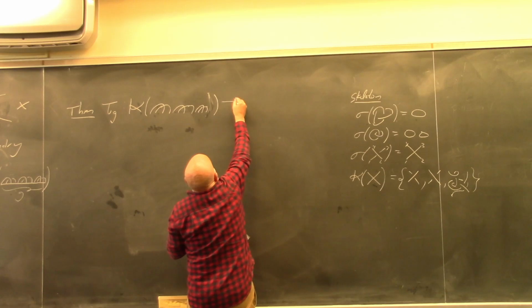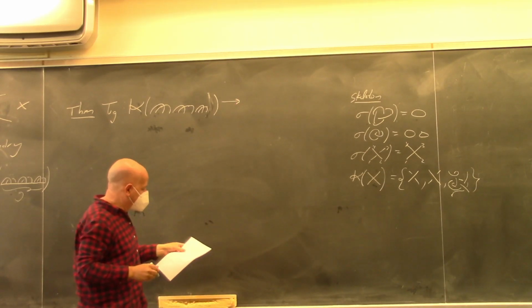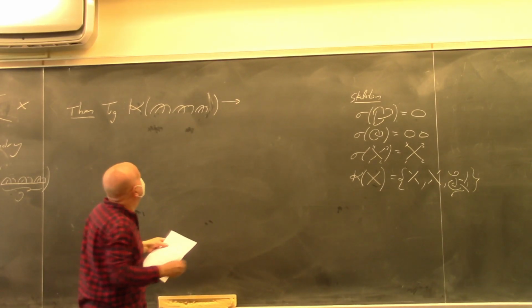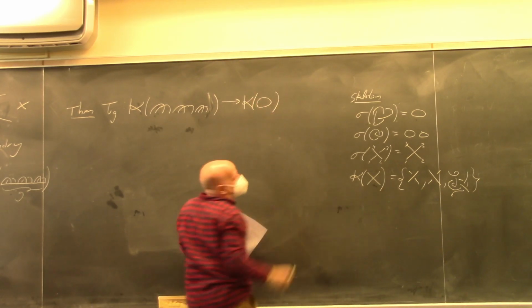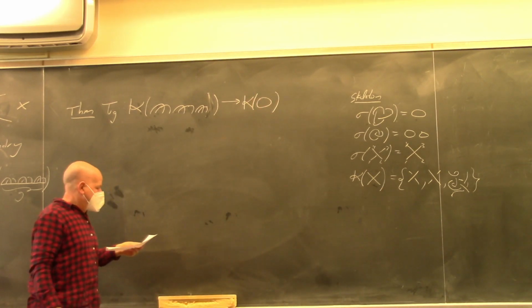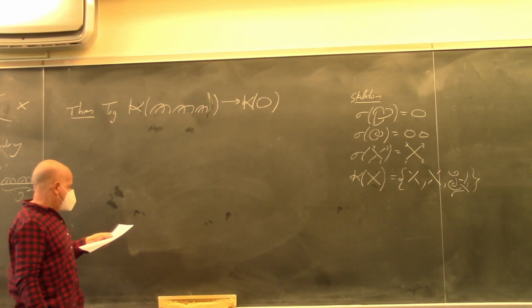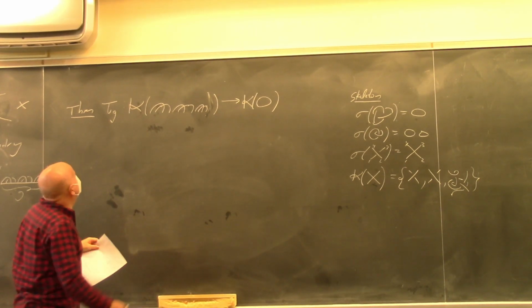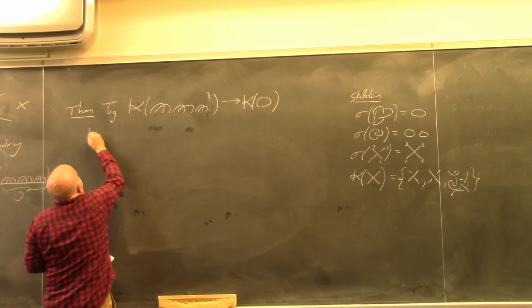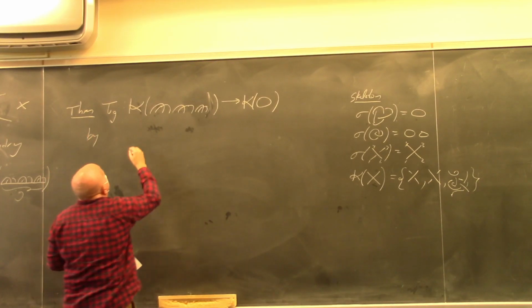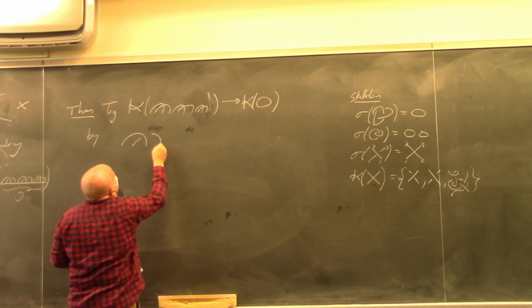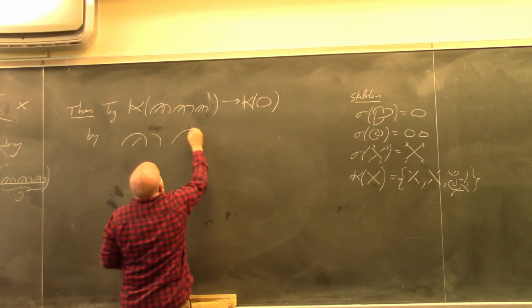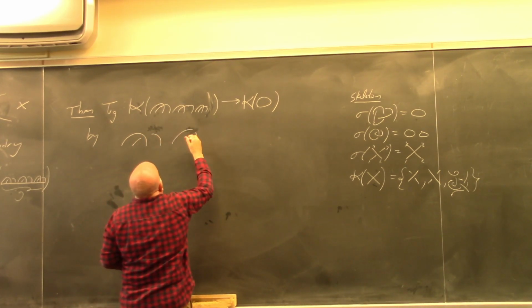So there is a map tau sub g from knottings of this skeleton to knottings of the circle. And the map is defined by, so suppose you have a knotting of that skeleton.